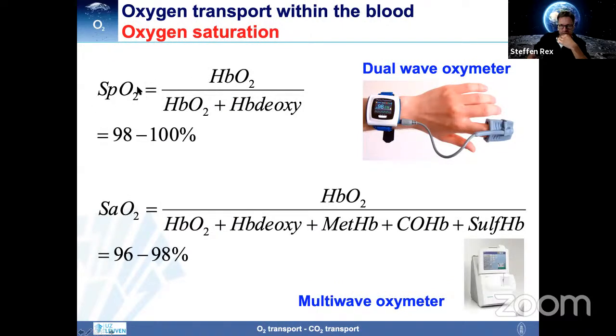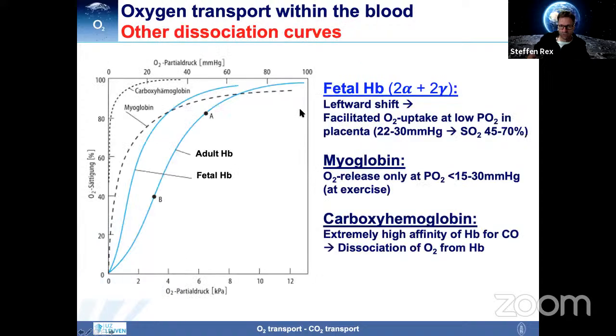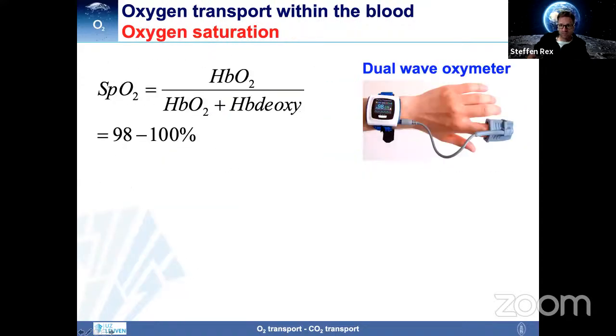So we have this SpO2, that is the peripheral oxygen saturation. This is the concentration of oxygenated hemoglobin divided by the oxygenated hemoglobin plus the deoxygenated hemoglobin. It can be measured with conventional pulse oximeters, and you have a peripheral oxygen saturation of 98 to 100%.